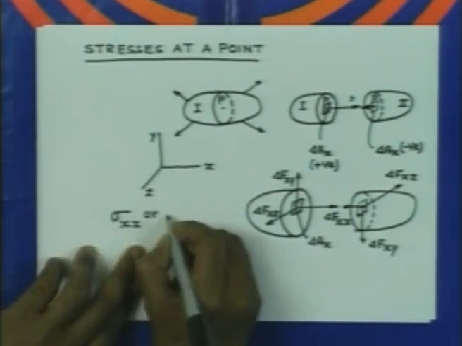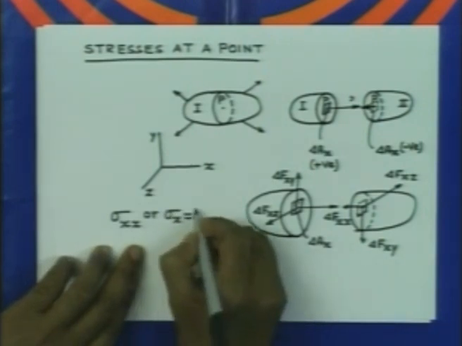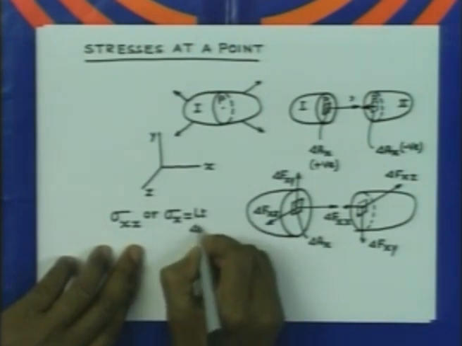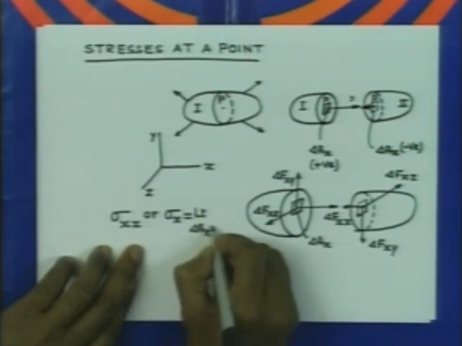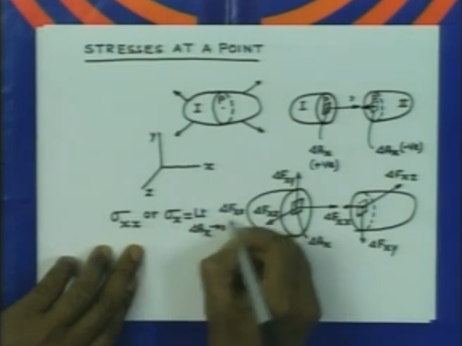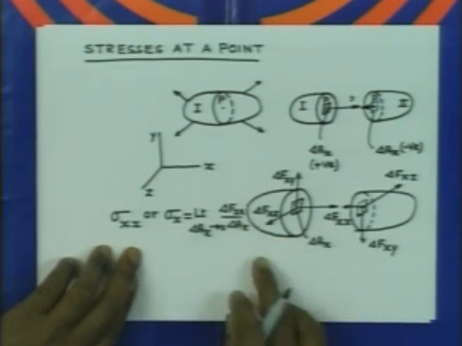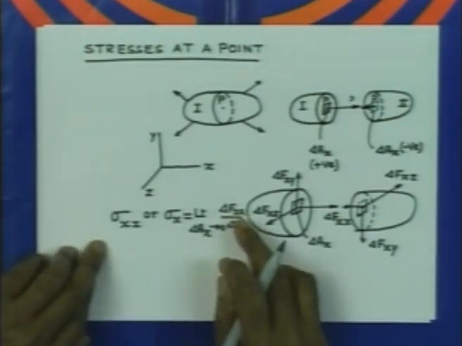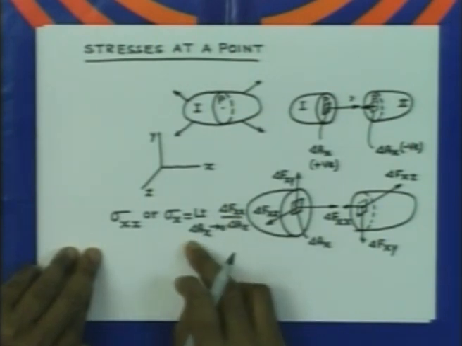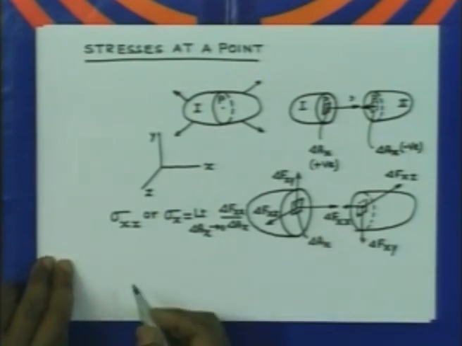Sometimes we also represent it by sigma x, and this sigma x is equal to the limit, delta Ax tending to 0, of delta Fxx divided by delta Ax. So the intensity of the force delta Fxx as delta Ax tends to 0 gives the stress on this area at the point P in the x direction.